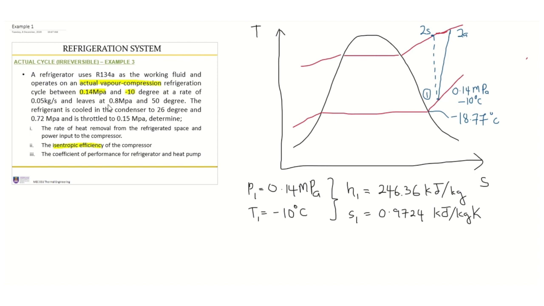So the one that leaves the compressor is 0.8 megapascal and 50 degrees, meaning this one is actually the actual. So state 2A, 0.8 megapascal, and then your temperature is 50 degrees.